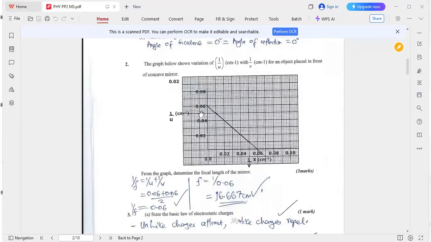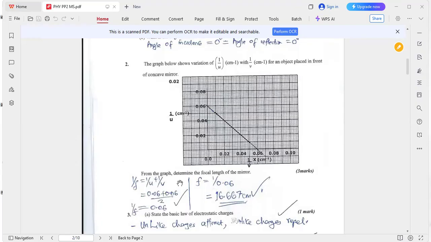Usually, focal length equals 1 over the y-intercept, or focal length equals 1 over the x-intercept, since the two are the same.